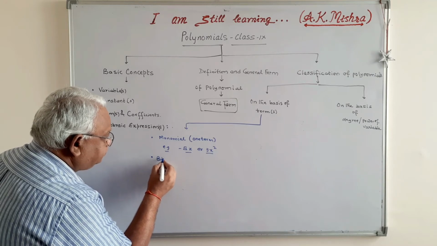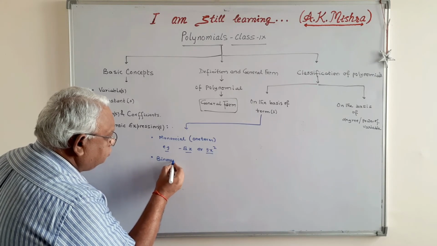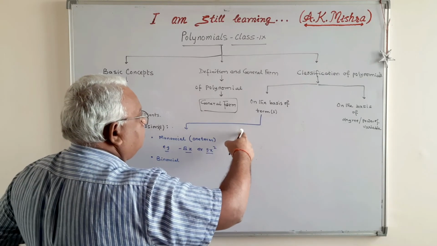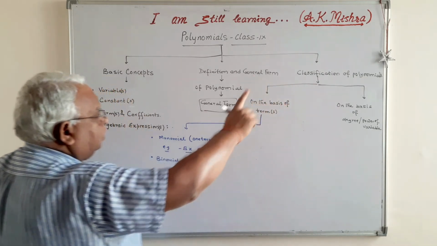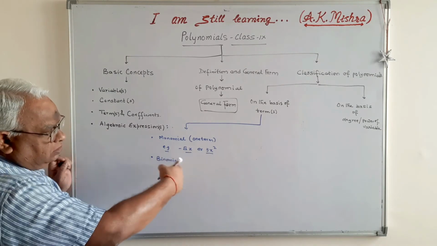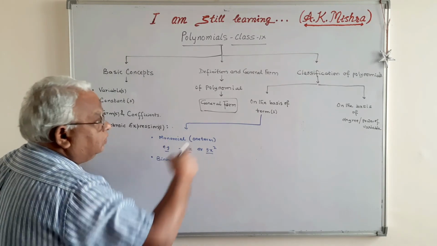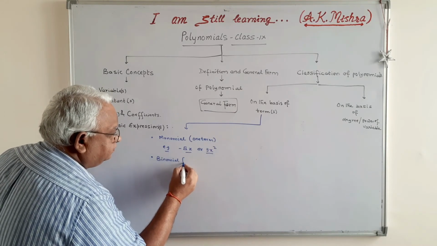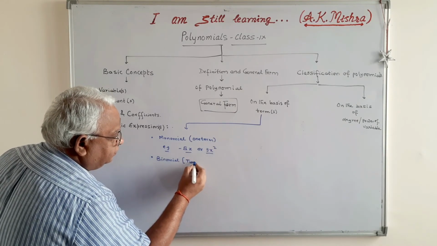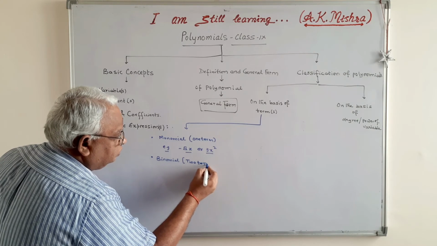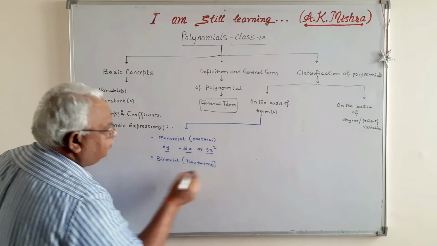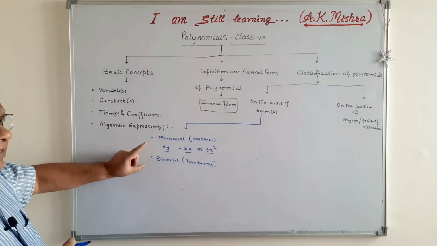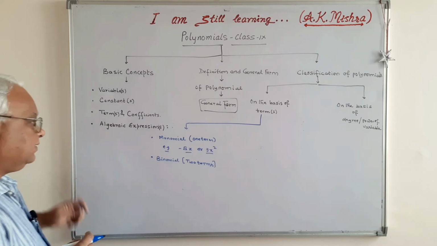Then you have binomial. I am restricting myself to the polynomial only, so I'll be writing all the examples related to the topic only. So binomial means two terms. Don't get confused, because these terms you have already studied in class 7th and 8th.